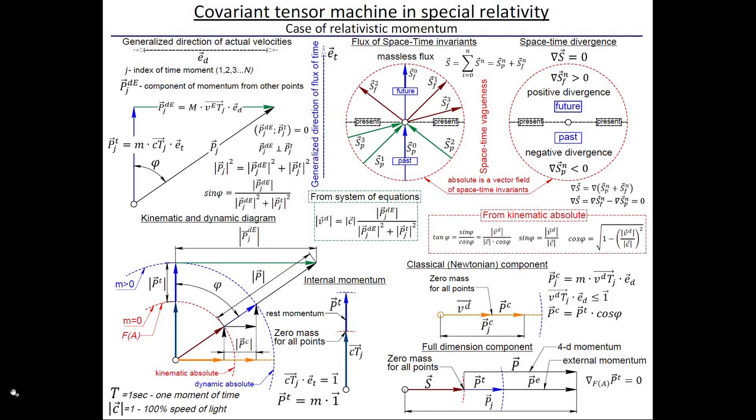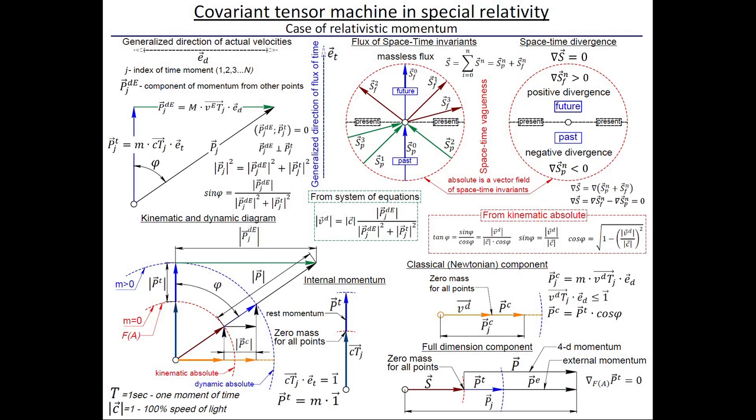It's a comparison of actual velocity and inertial mass. Here, inertial mass is a relativistic value. It was in the early version of the theory of relativity. However, if we look at Ptj, then inertial mass is a scalar quantity that doesn't change during transformation.